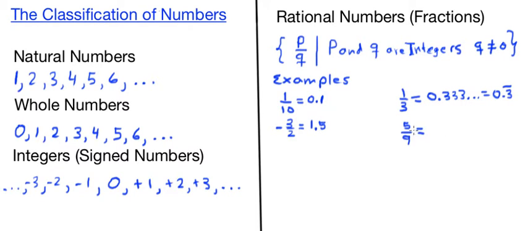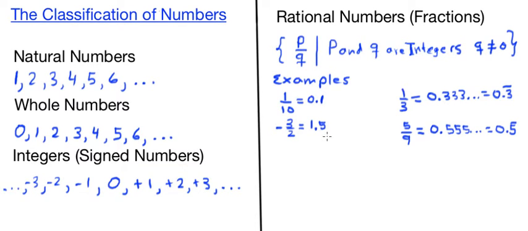A similar result is found when you divide the number 5 by the number 9. You get 0.555..., where the number 5 repeats itself forever, so this should be the same as 0.5 bar. Now, you can see here that the decimal representation ends.